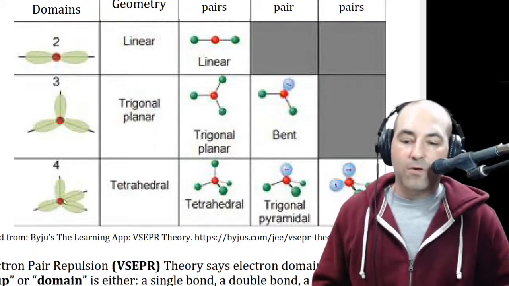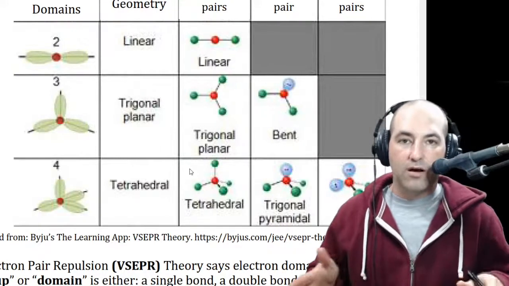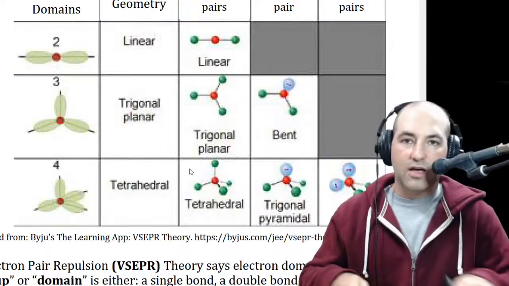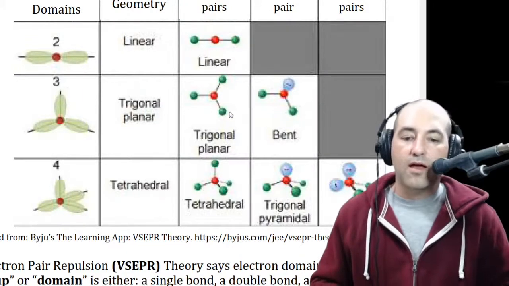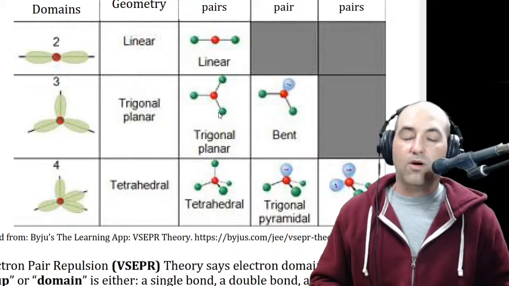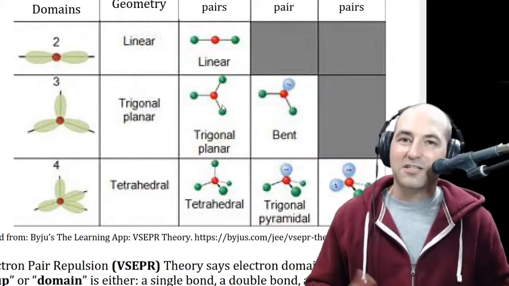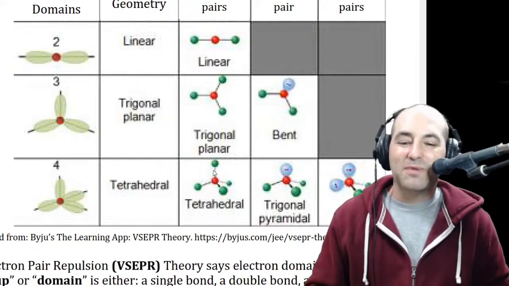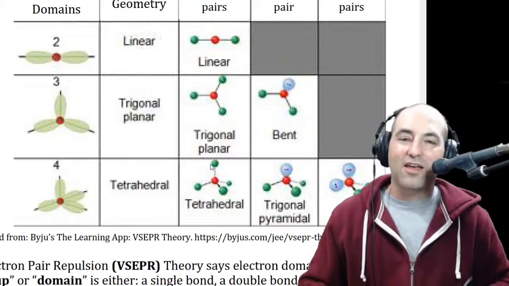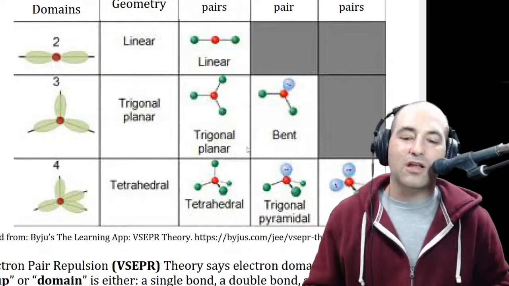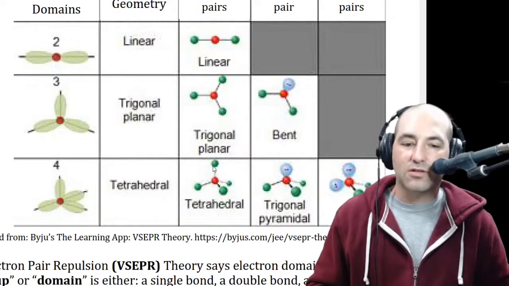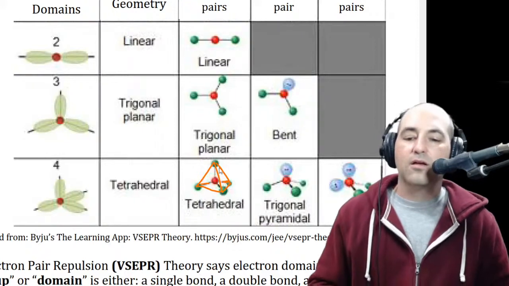And then if we have 4 things, you'd think it might be a square or a plus sign or a cross, however you want to call that. But we actually don't want to forget about the 3rd dimension. So you can space these things out a little bit farther if they bend into that 3rd dimension and make this shape called tetrahedral. A tetrahedron is a regular solid with 4 equal triangular sides, like that.